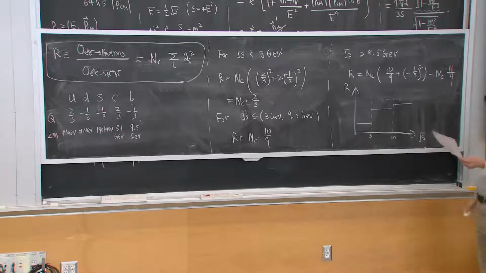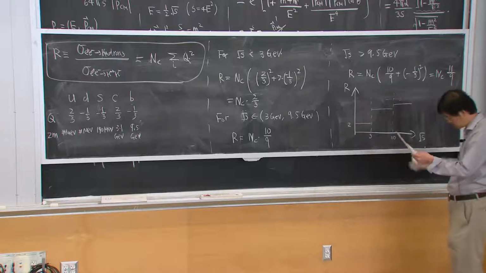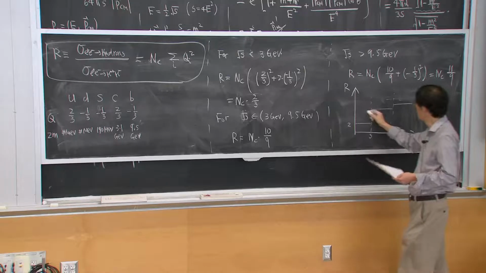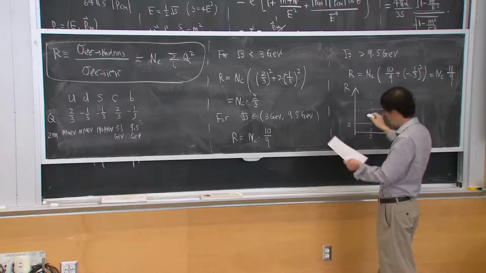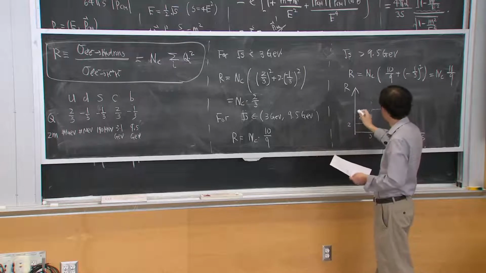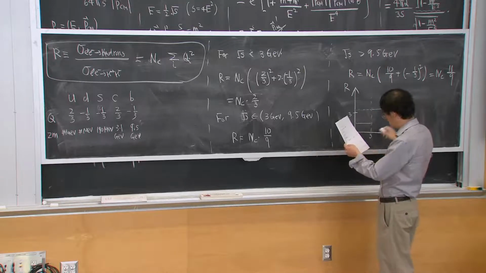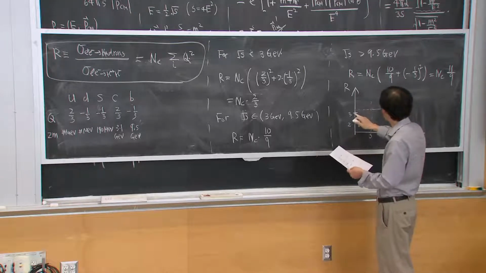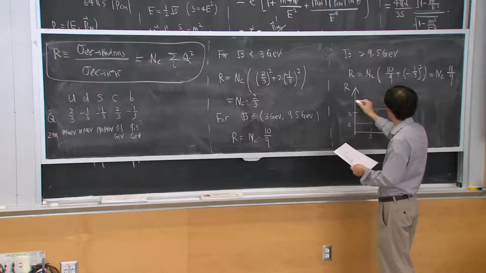So it turns out the first one is precisely at 2. I have to say precisely, just up to some error bar. And the other one is a little bit more than 3, and then the last is around here.